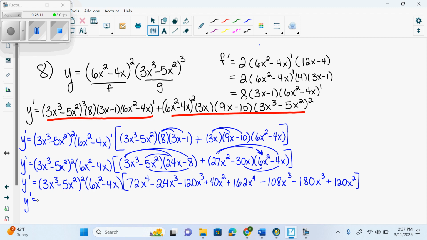Y prime equals 3x cubed minus 5x squared, 6x squared minus 4x.